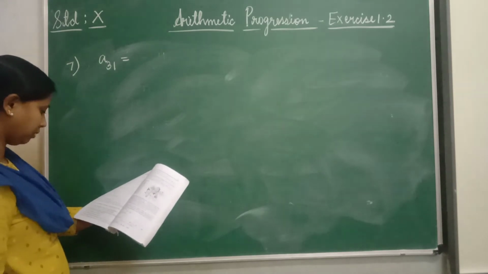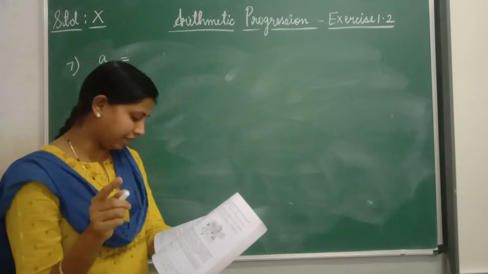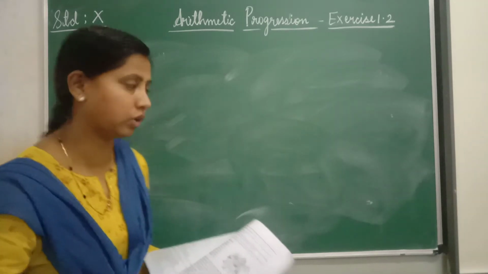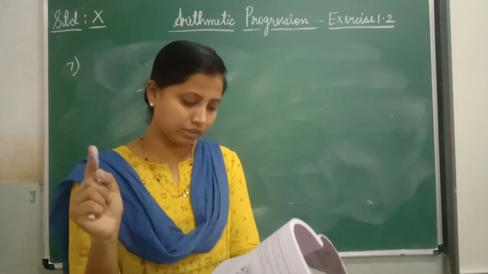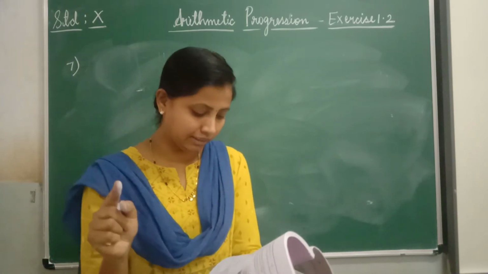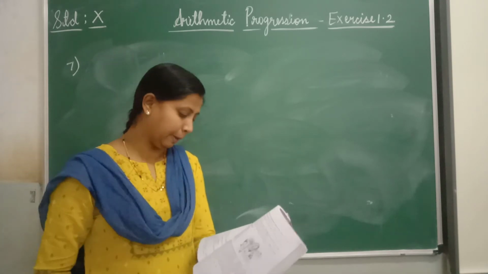You have to find the 31st term of an AP whose 11th term is 38 and 16th term is 73.